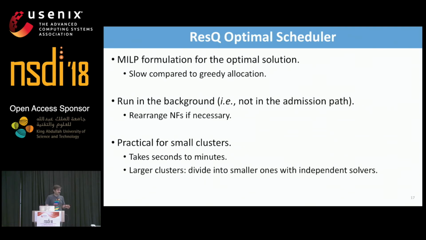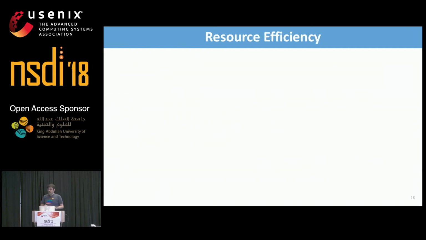It's practical for small clusters of, let's say, 40 servers or around that number, and it mostly takes seconds, up to minutes. For larger clusters, we can divide and conquer and have different solvers for different pools of servers, trading some optimality for scaling.